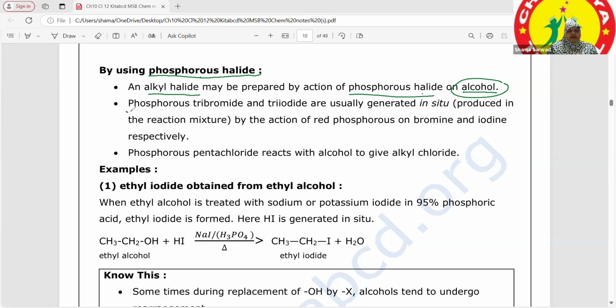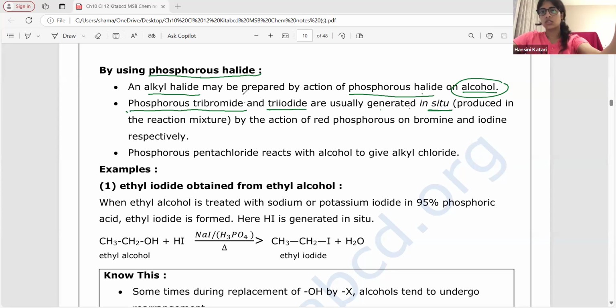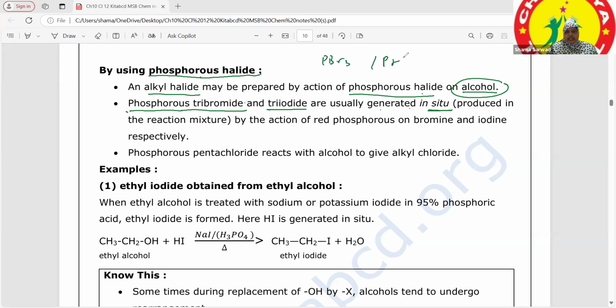Means like halogen. Phosphorus tribromide, PBr3, and phosphorus triiodide, PI3, are usually generated in situ. These two reagents are generally generated in situ, means during the reaction these reagents would be produced, in the reaction mixture.